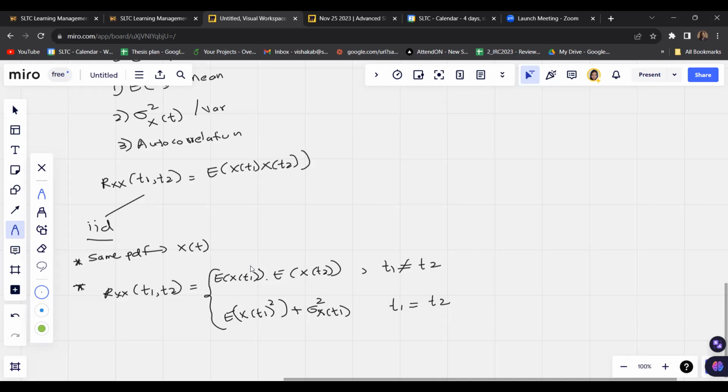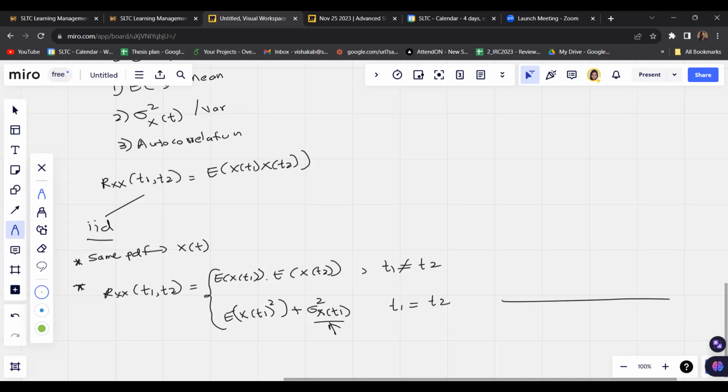This value is added, which shows that the similarity at the same time instance is very high. It should be the case, if you can understand me, right?